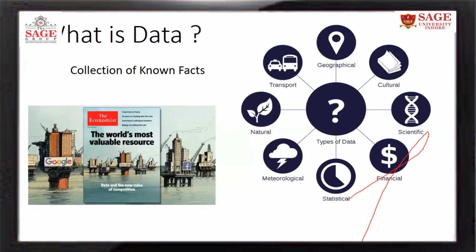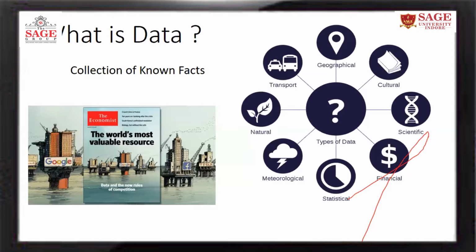So this is broadly classified into natural data. Then there is transport data, the latest applications being Uber, Ola, all the data collected from the sensors which are there on the vehicles, the smart city projects. These are all the types of transport data.